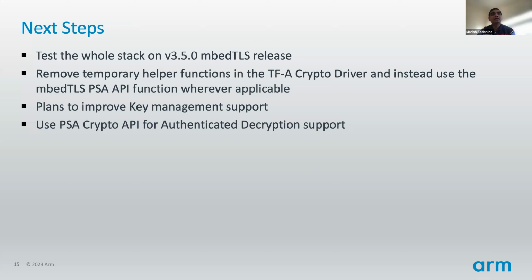Those are temporary helpers that are needed as of now, because version 3.4.1 of Mbed TLS needs the raw data instead of DER data for ECDSA. But in future, I think they will come up with a mechanism where we don't need to do the conversion at the caller side. The PSA Crypto API will do that conversion, and then everything will work automatically.